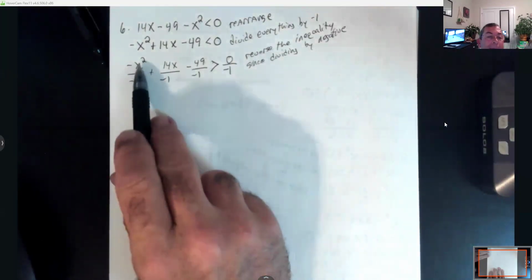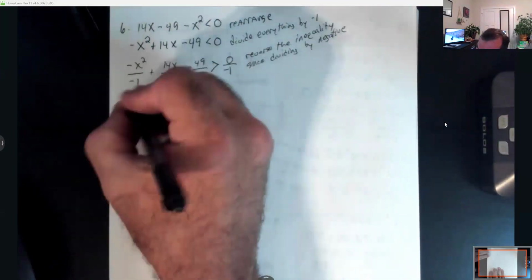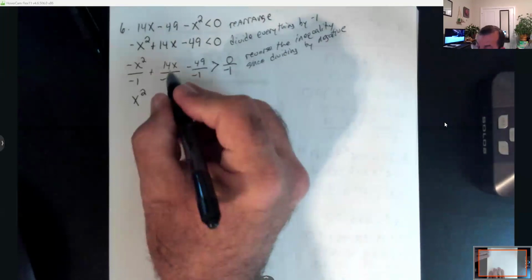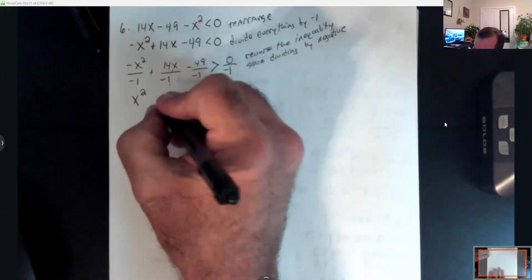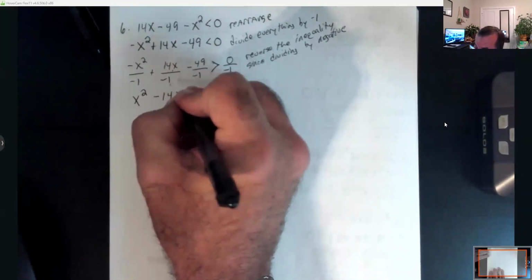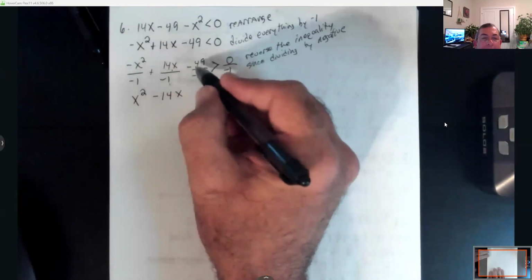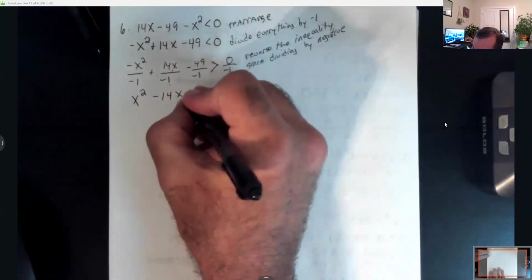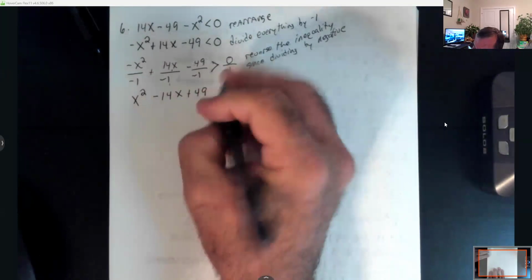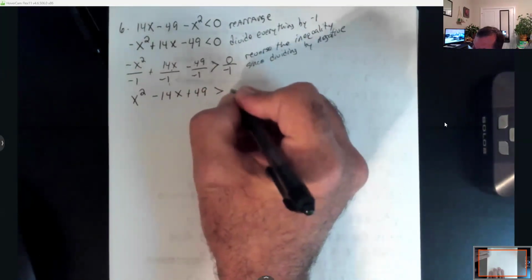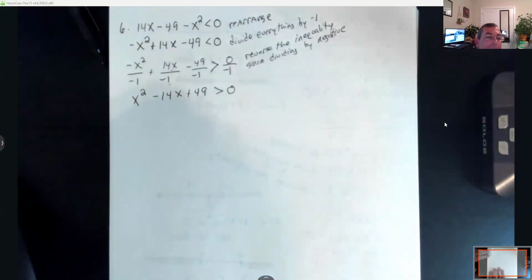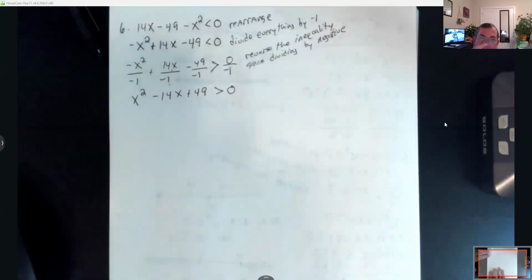All right, so we did that. Now the x squared will be positive. The 14x will now be negative. The -49, negative and negative will now be positive. We're greater than, and then 0 divided by -1 is a 0.